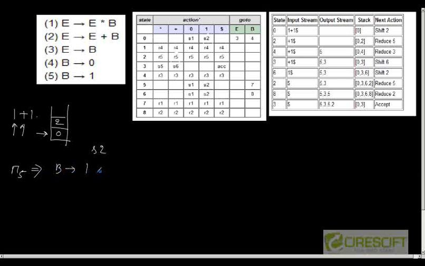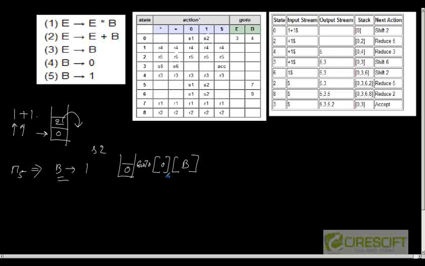So the RHS contains only one grammar symbol, that is 1, so you pop one state from the stack. The new state will now be 0, and the LHS of this rule is B. So you look for B and 0 in the goto table.